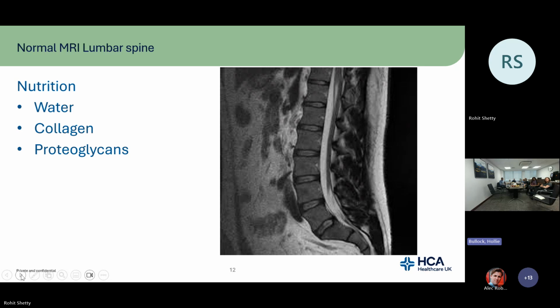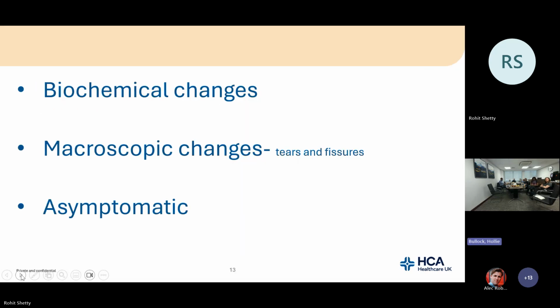If you look at a normal MRI scan, the disc contains 80% water. The reason it's filled with water and moisture is because the collagen and the proteoglycans absorb and retain the moisture. Within this, biochemical changes occur within the disc.